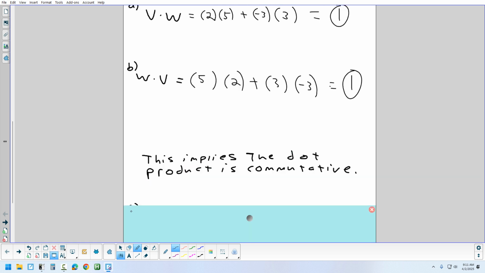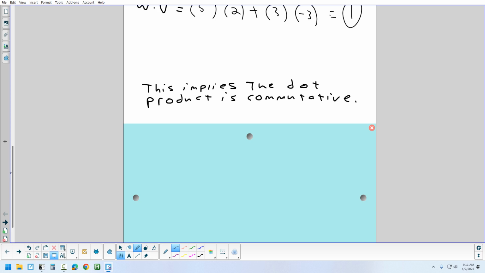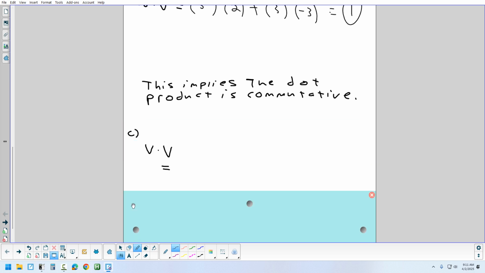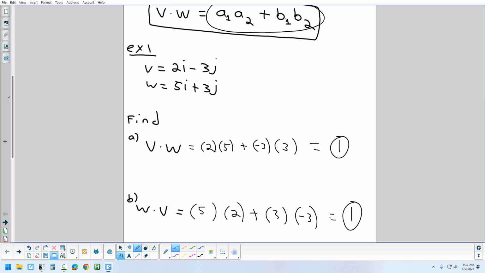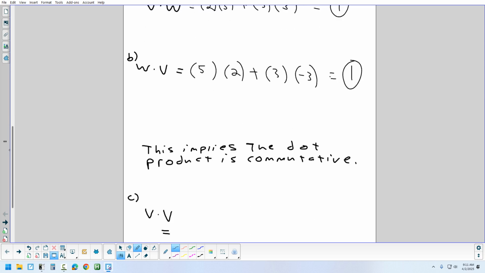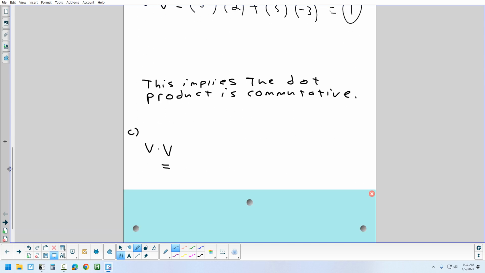All right. So now let's try v dot v. What would be my calculation for v dot v? 2 times 2 plus negative 3 times negative 3.